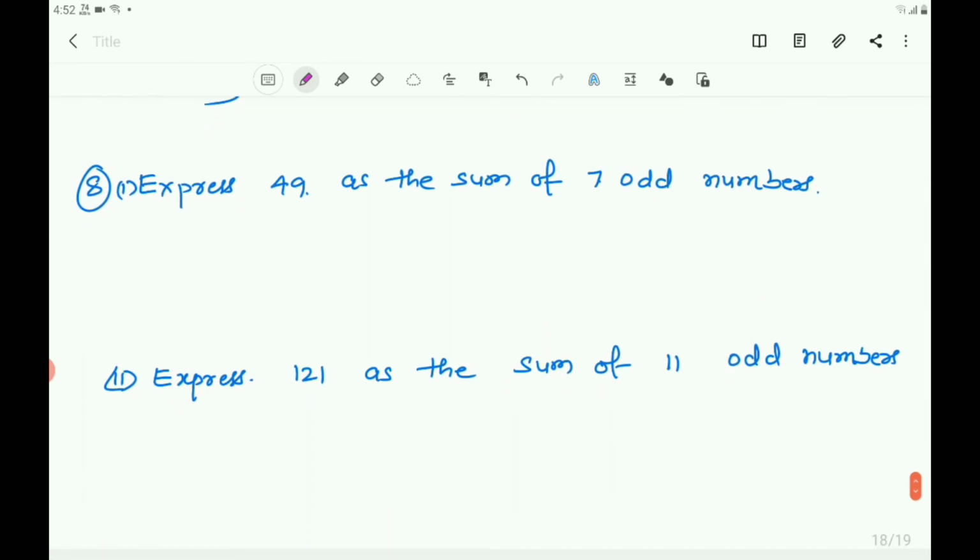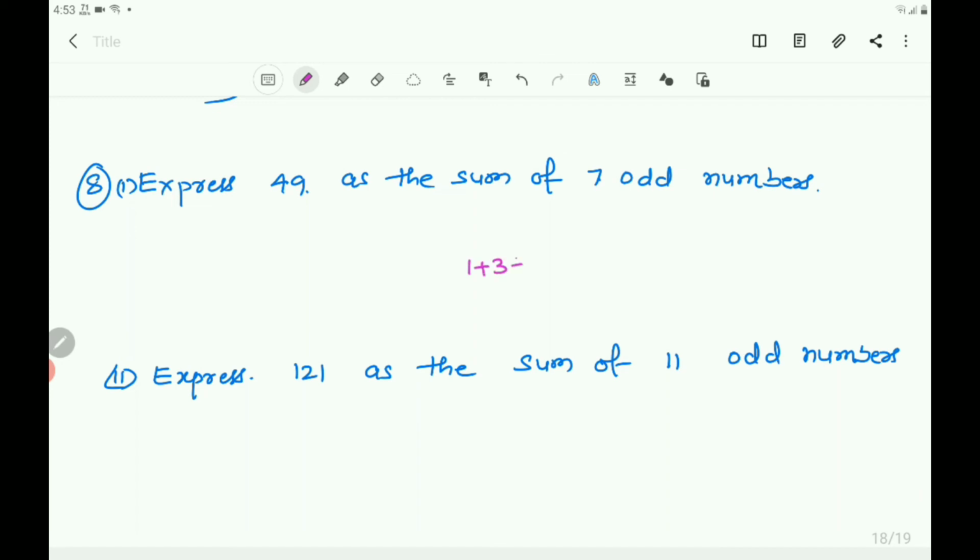Next 8th question. Express 47 as the sum of 7 odd numbers. Sum of 7 odd numbers. You know that 7 odd numbers means you can write 1 plus 3 plus 5 plus 7 plus 9 plus 11 plus 13.